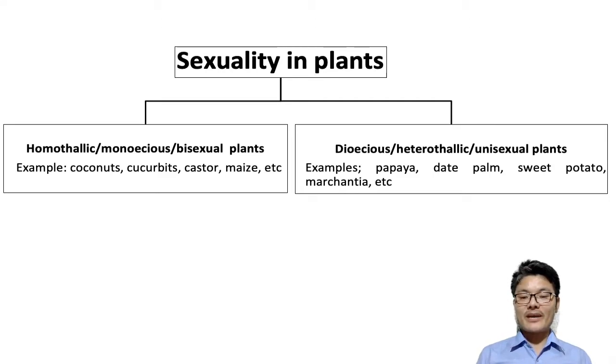In papaya we have a male papaya plant and a female papaya plant. The male plant grows male flowers, and the female plant has female flowers, each producing their own gametes, and later, with the involvement of both plants, there is reproduction.